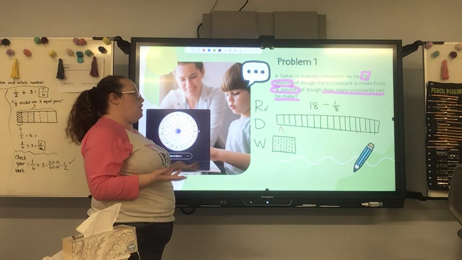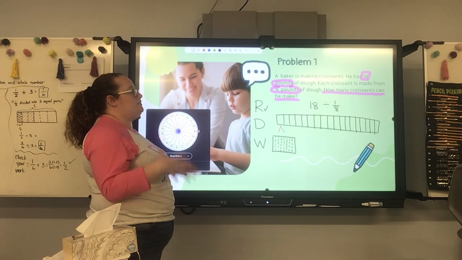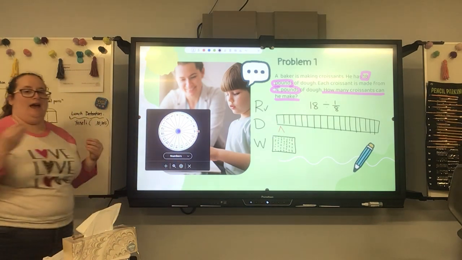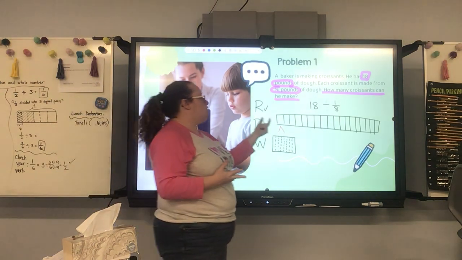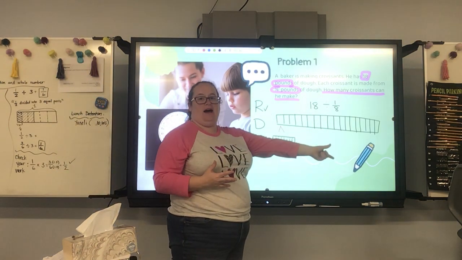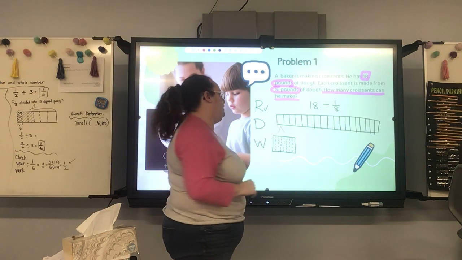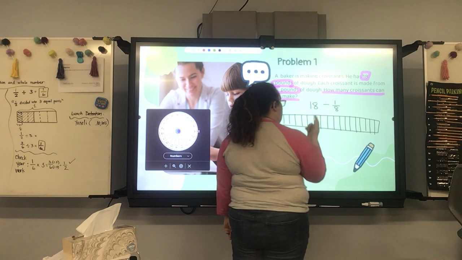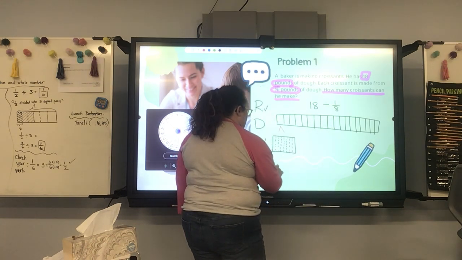Okay, so I'm taking the 18 and I'm splitting it into 8 pieces. So really, each of those 18 pounds now has 8 smaller pieces to go with it. So for the multiplication, 18 divided by 1/8, I can do 18 times 8.